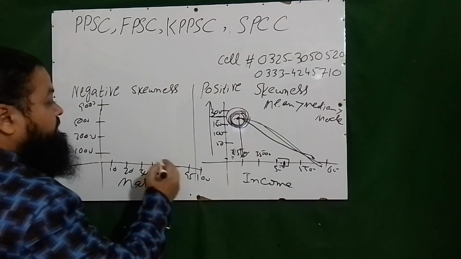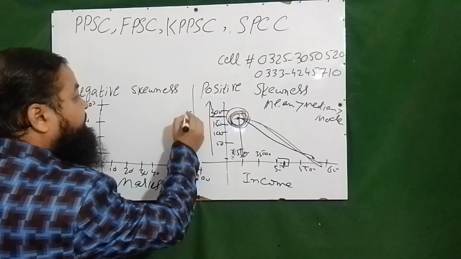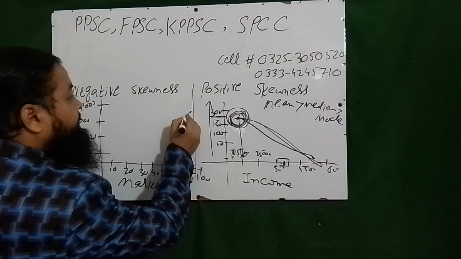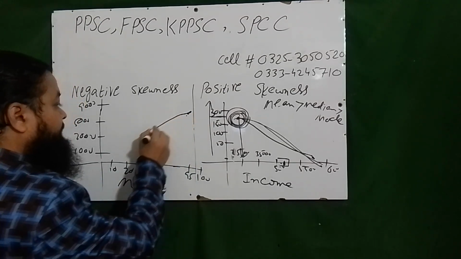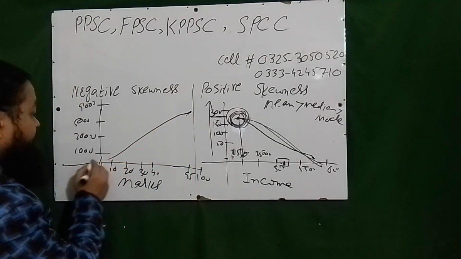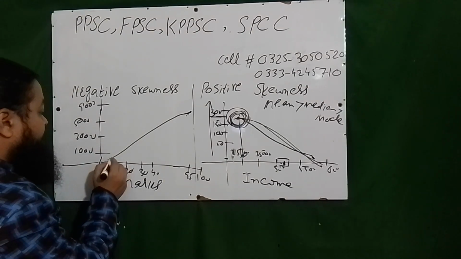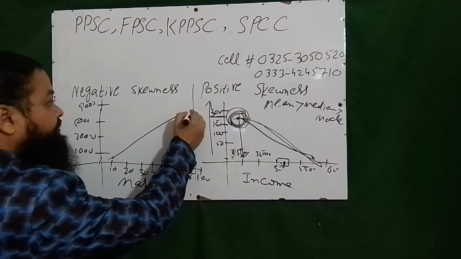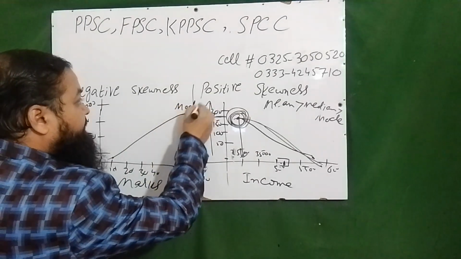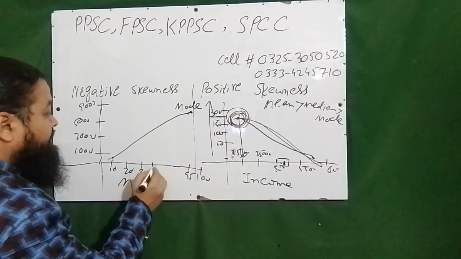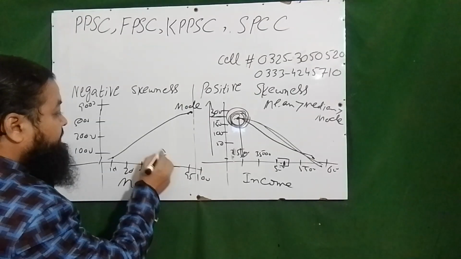Most of the people got 95 marks, 94 marks, 93 marks. Now the graph is coming over here. A few students, for example 450 students, got 10 marks or 12 marks. Our mode is over here, and the mean will be, for example, over here. 45 is the mean value.